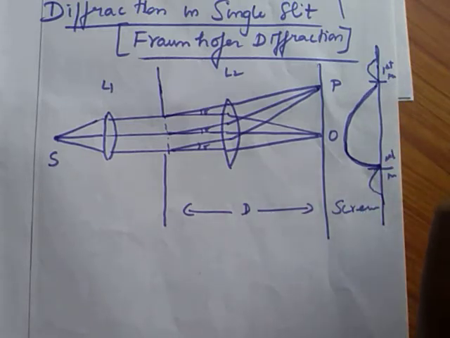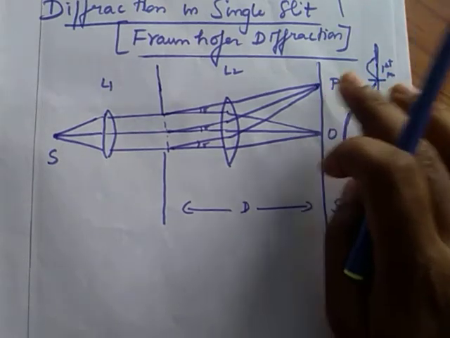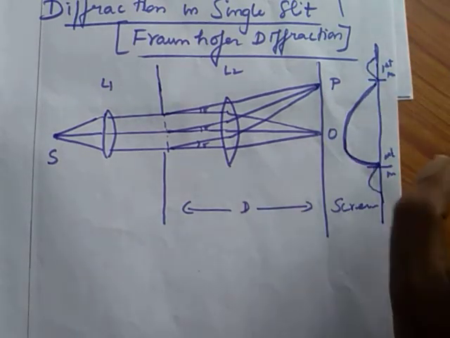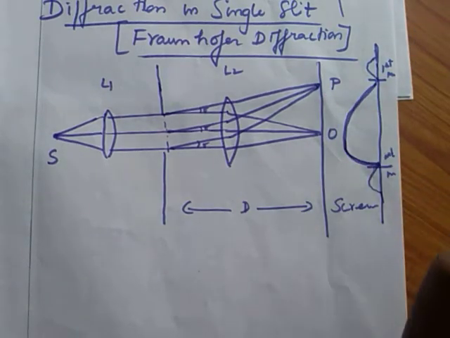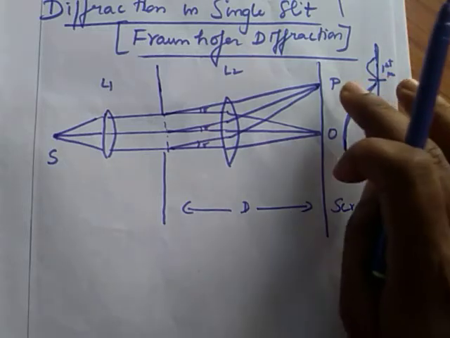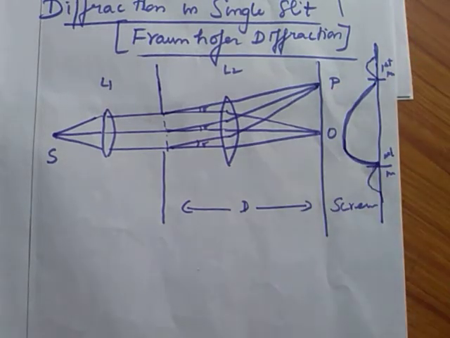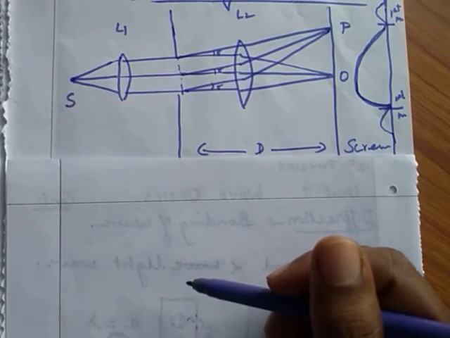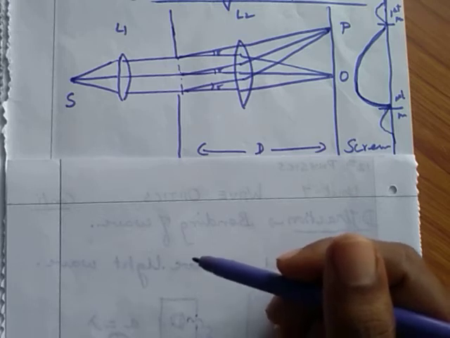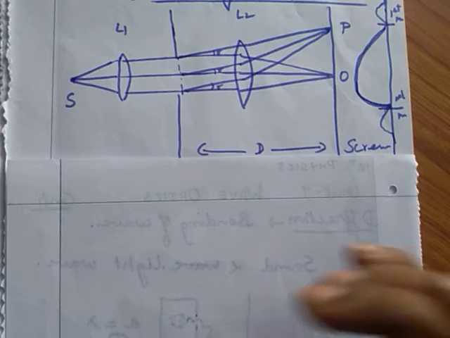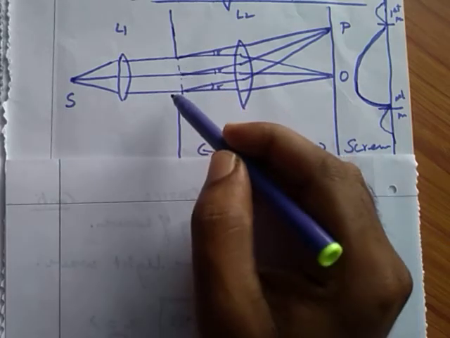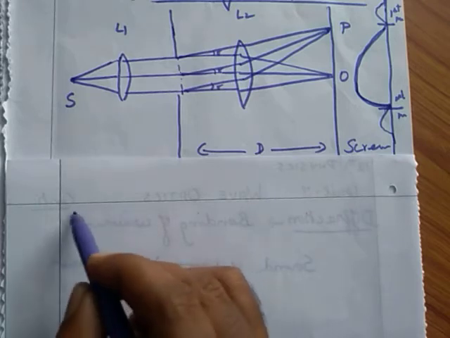If the point P is a minima, that means dark, let me see the condition for P to be minima. It may be the first minima, second minima or nth minima. In order to describe the point P to be minima, we have to split the width of the slit into even numbers.